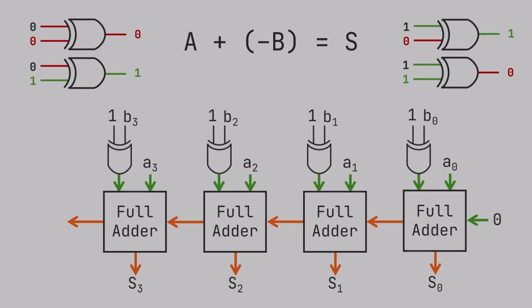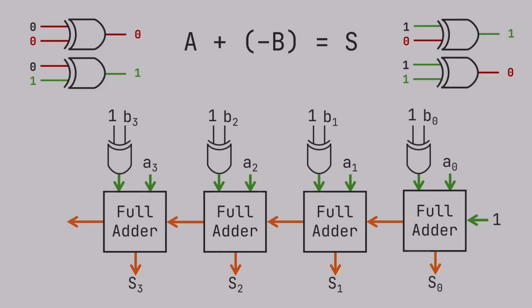So if we insert XOR gates here with one of the inputs set to 1, we can invert all the bits of B. This takes care of the first step of calculating the 2's complement. The second step is adding 1. Well, remember the carry in to the first full adder that we set to 0. If we set this to 1, this will act as adding 1, which completes the calculation of the 2's complement. This right here is a 4-bit subtractor.